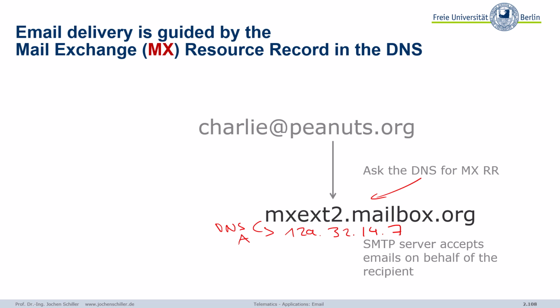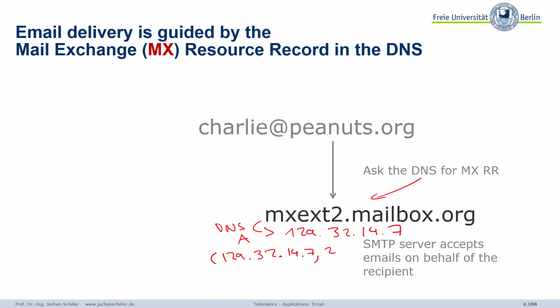And if I know this, then my MTA knows, okay, now I can create a socket containing an IP address. You remember, sockets consist of IP addresses and a port.